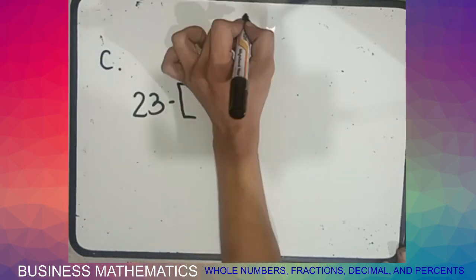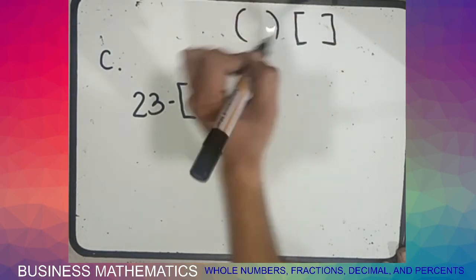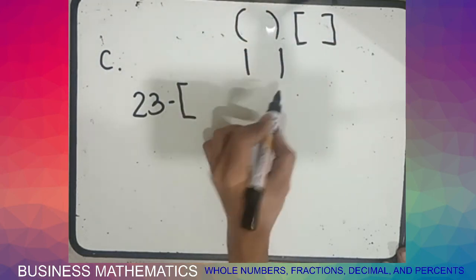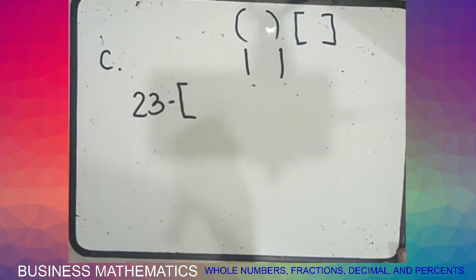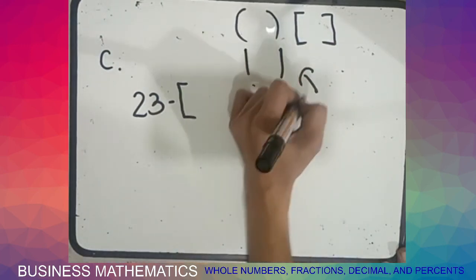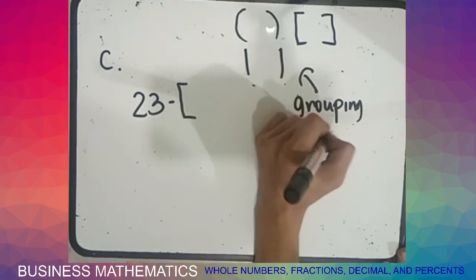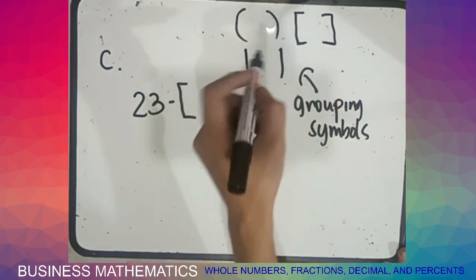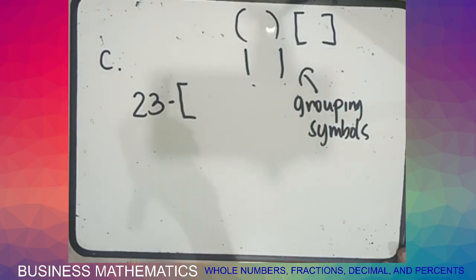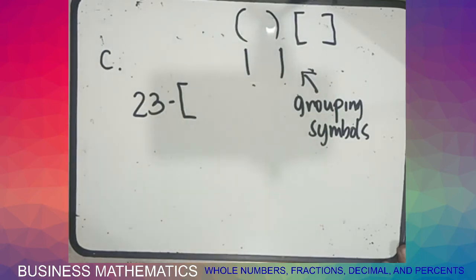Pag sinabing grouping symbol, ito: parenthesis, brackets, absolute value. Yan na lang yung kalimitang ginagamit. So, grouping symbol ang tawag.